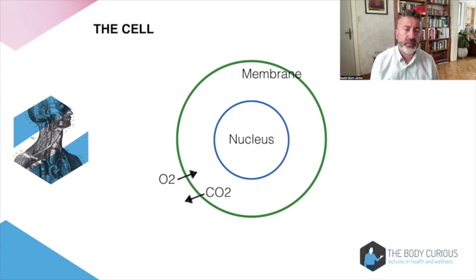Think of the oxygen as the fresh air coming in, and the carbon dioxide as the waste product of all the stuff that goes on within the cell and needs to be evacuated. Otherwise, what goes on inside the castle all goes rotten. So there needs to be this exchange.